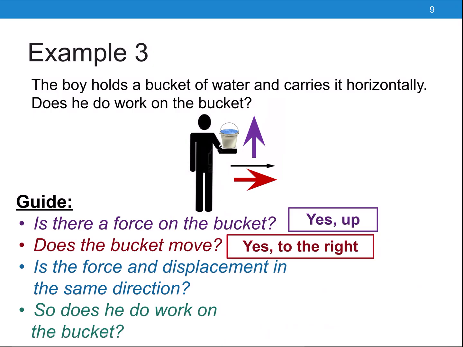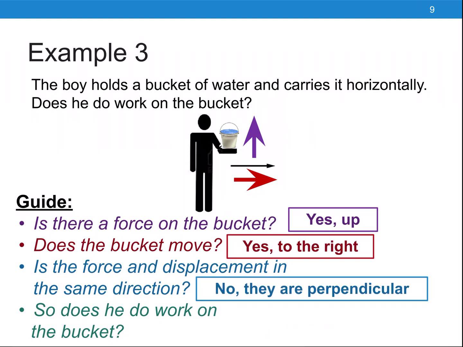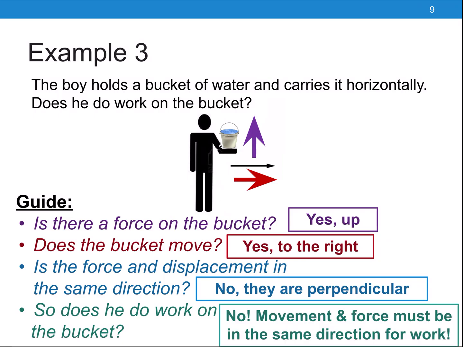The bucket does move to the right, and the arrows are color-coded, so the up is purple. Is the force and displacement in the same direction? No, they are perpendicular. And because they are not in the same direction, there is not work done on the bucket. Okay, they have to be in the same direction, otherwise there's no work.